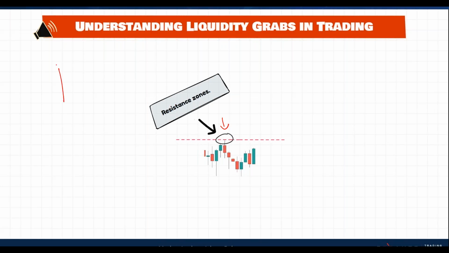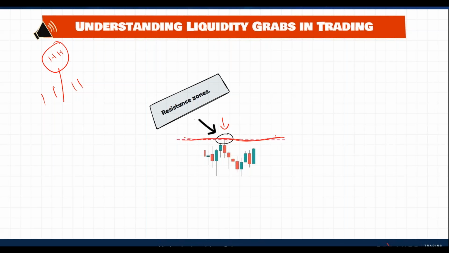Pivot high means a candle that is a higher high, and to the left there are lower candles and to the right there are lower candles. So this candle over here is your pivot candle. In other words, this is your fractal as well. You can just go into the indicators in your MT5 and you can use this fractal as well. So you have been able to find this pivot or fractal, and then in your mind you can just draw a horizontal line over here.